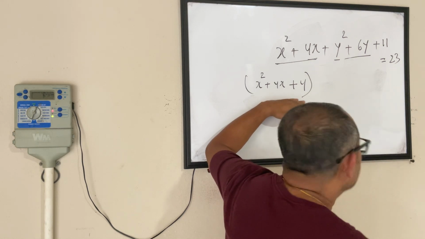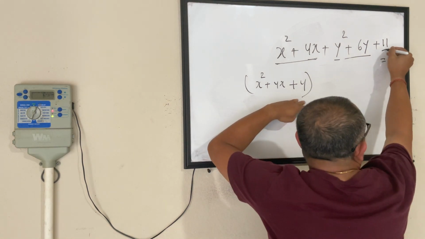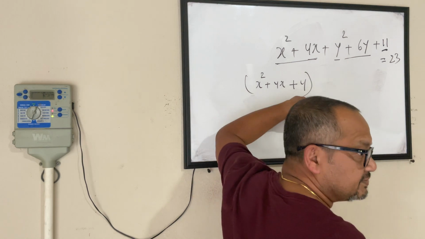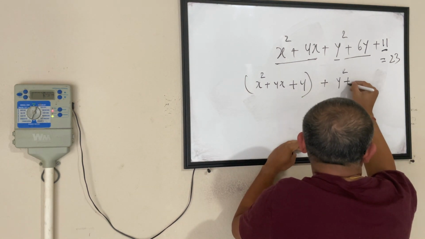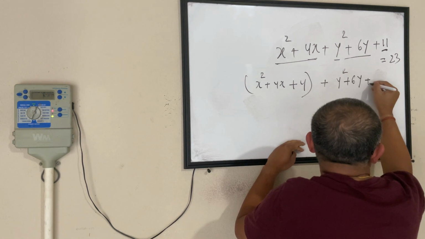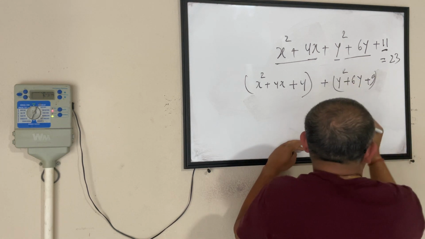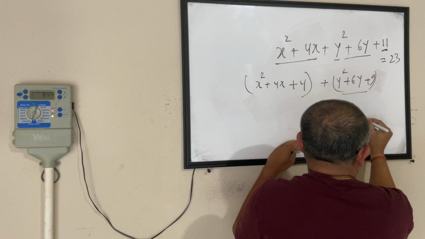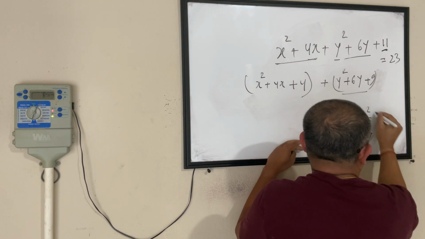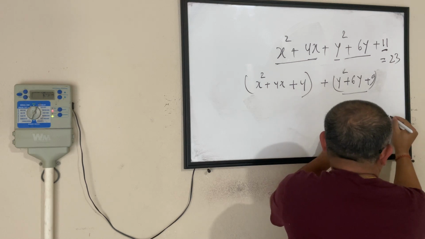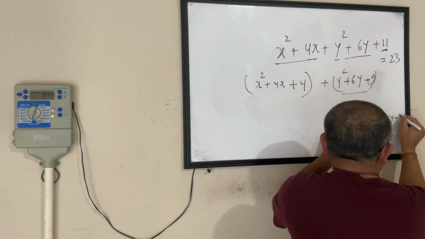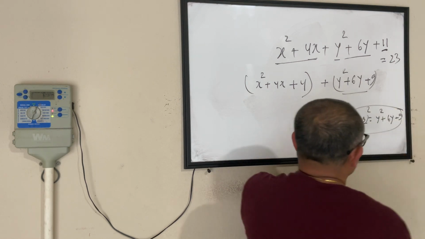Okay. So I have gotten 4. Maybe I have borrowed 4 from here. Plus y squared plus 6y. If I put this, then this is (y plus 3) whole squared. It's y squared plus 2 into y into 3, 6y, plus 3 squared, that is 9. Okay.